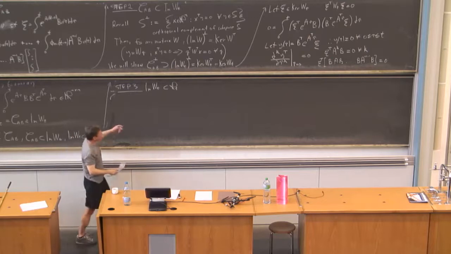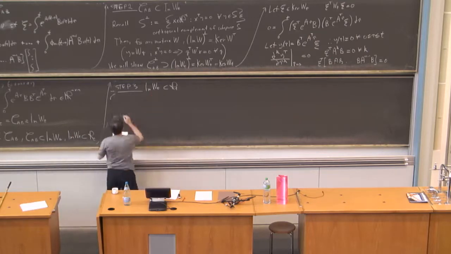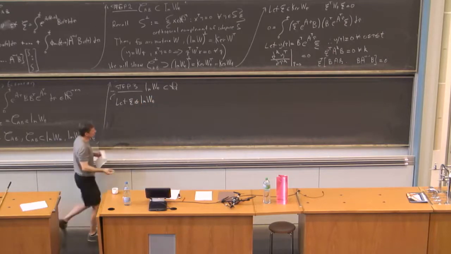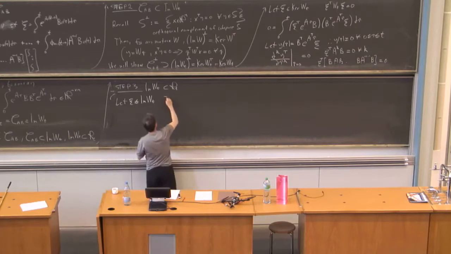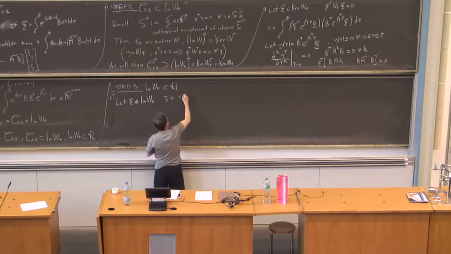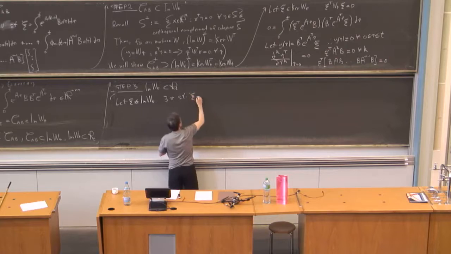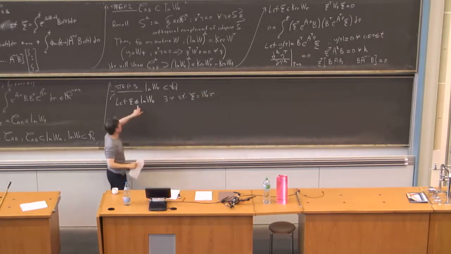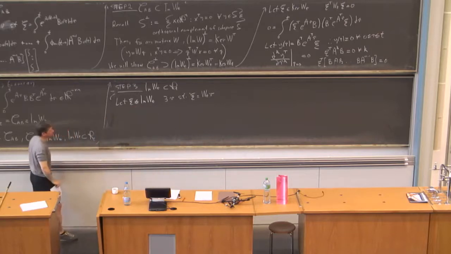So what I'm going to do, as before, is pick something that is in here. Let xi be an element in the image space of W sub t, which means nothing but that there exists a v such that xi is equal to W_t times v, by definition of what it means to be in the image space.